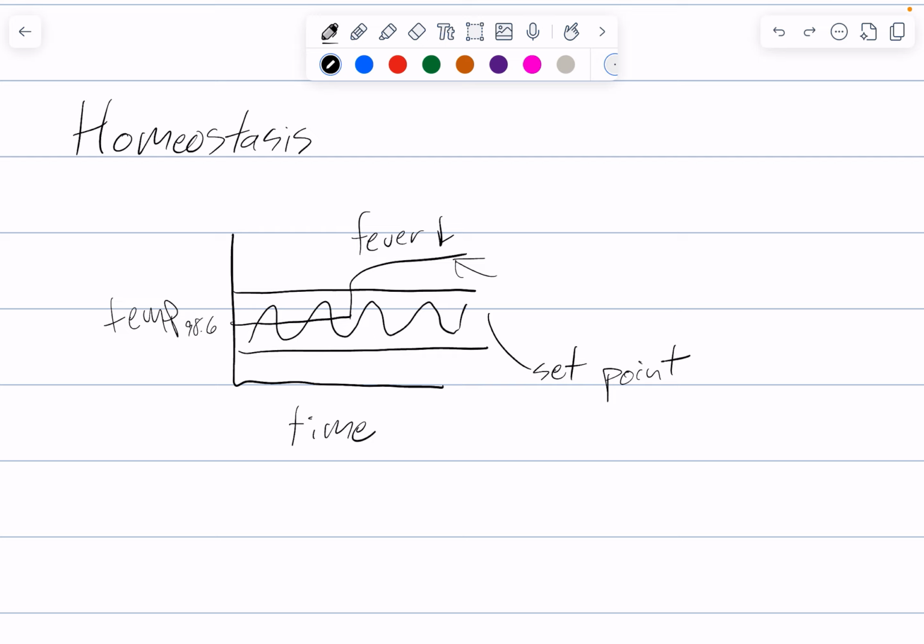Let's see. Positive feedback is different than negative feedback. An example of positive feedback would be blood clotting. When a wound occurs, the platelets at the injury site release different chemicals that recruit more platelets to help clot.